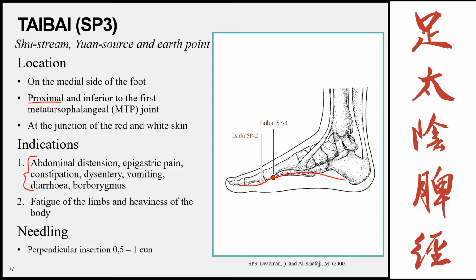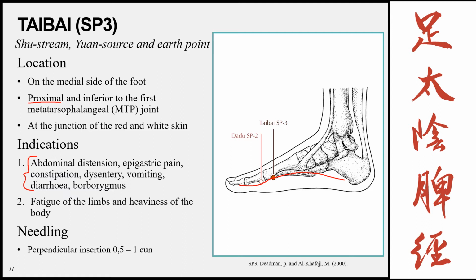Therefore, this point can be used to treat fatigue of the limbs due to spleen qi dysfunction. Secondly, the heaviness of the body. The spleen is responsible for the transformation and transportation of the foods and fluids that we eat. If the spleen is dysfunctional, the foods and fluids will not be transformed and will start to accumulate in the body. The accumulation of fluid is another name for internal dampness.